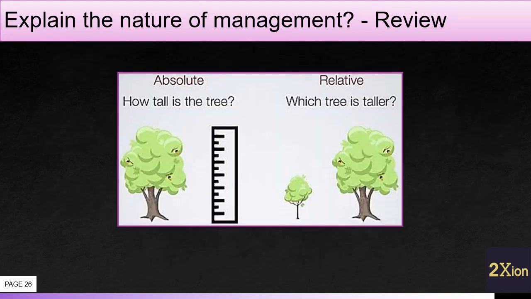When you have just one variable, it is called absolute. For instance, this tree. You are measuring the height of the tree. It is relative when you have two variables. Here you are saying that which tree is taller. So you are comparing two trees.